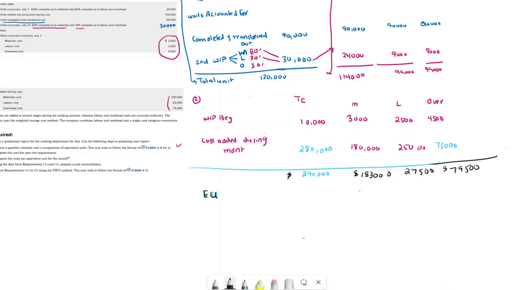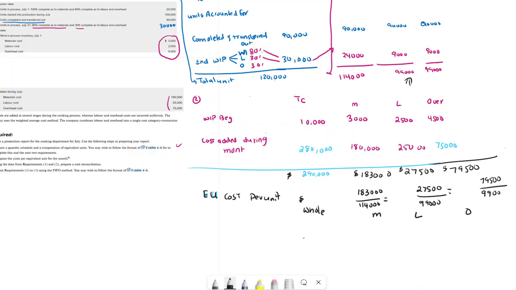Dollar value divided by the units will give you the equivalent cost per unit, as a whole and as individual material, labor, and overhead. 183,000 divided by 114,000, 27,500 divided by your 99,000 for labor, and 79,500 over 99,000 equivalent units.